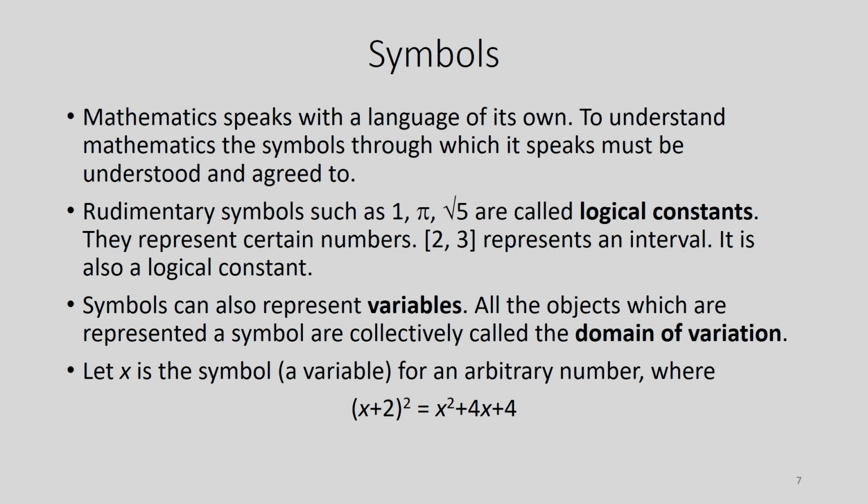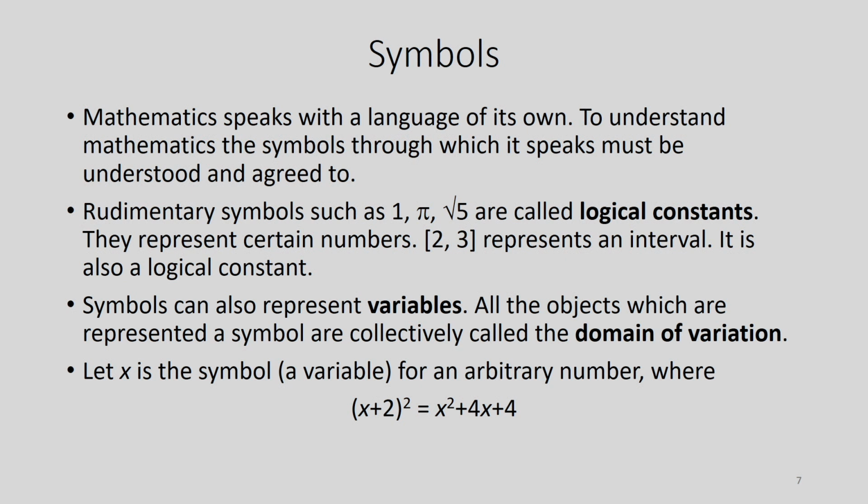For example, d/dx, okay, differentiation. All the mathematicians around the world agree that this represents differentiation with respect to x. So, they have this language. Now, what are rudimentary symbols?